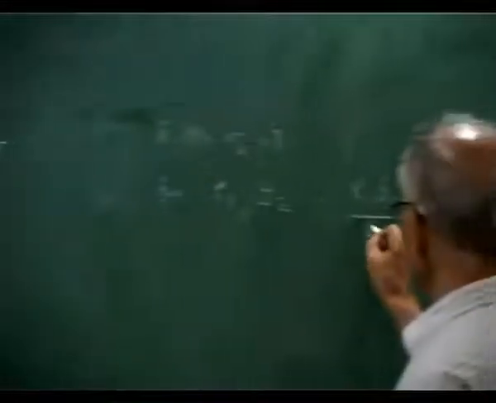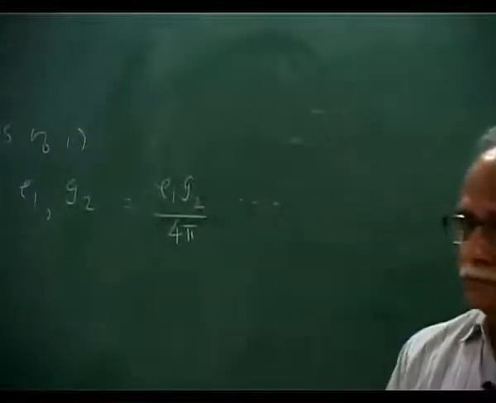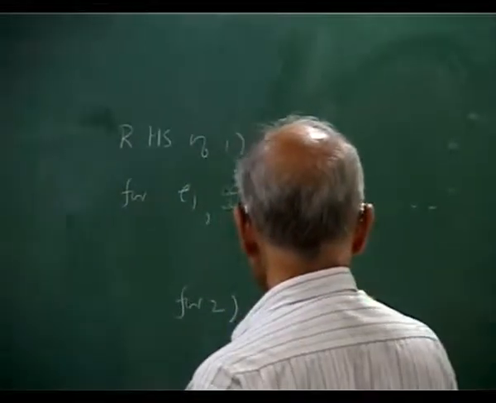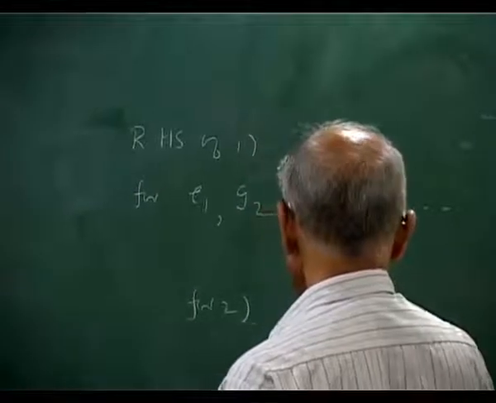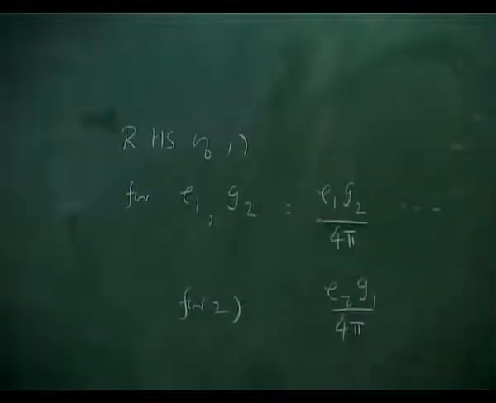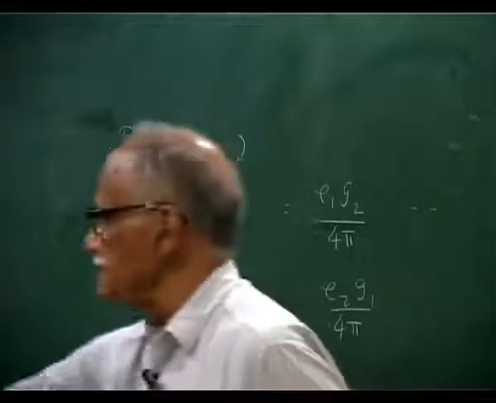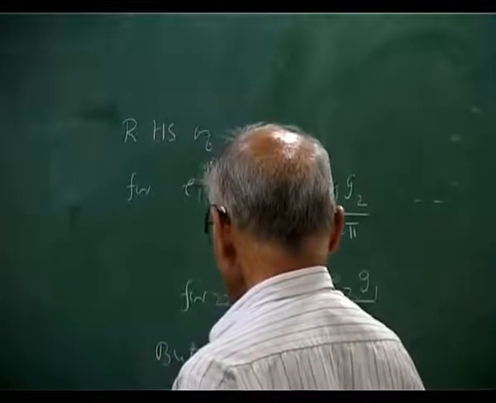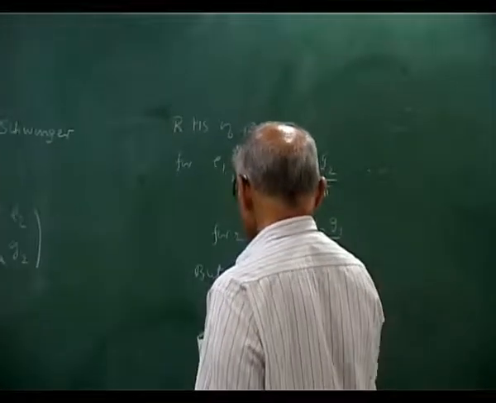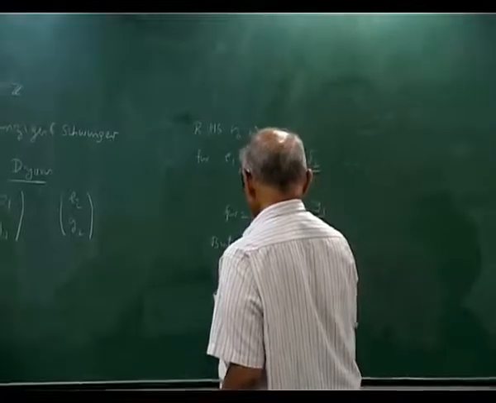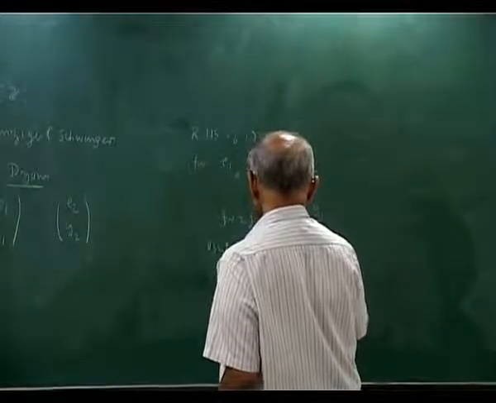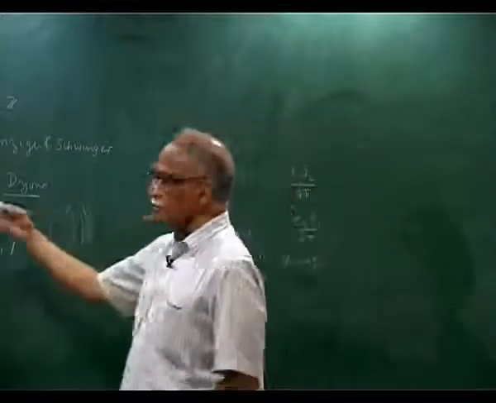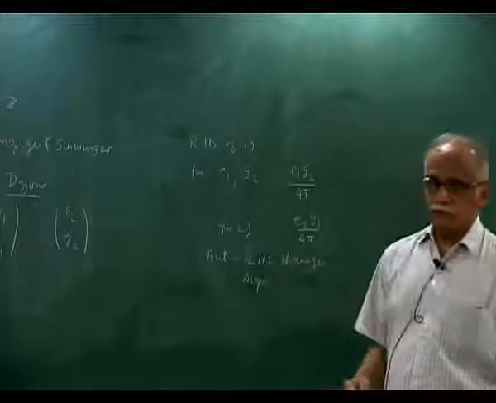It will be E1 G2 over 4 pi. For 2, it will be E2 G1 over 4 pi, because it is between this and that, but the left hand side changes sign, because the relative coordinate has flipped in sign, right.